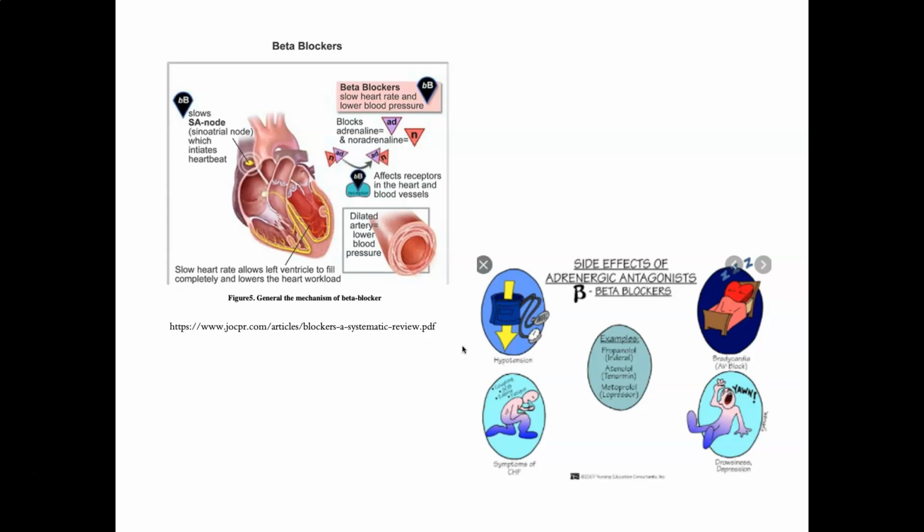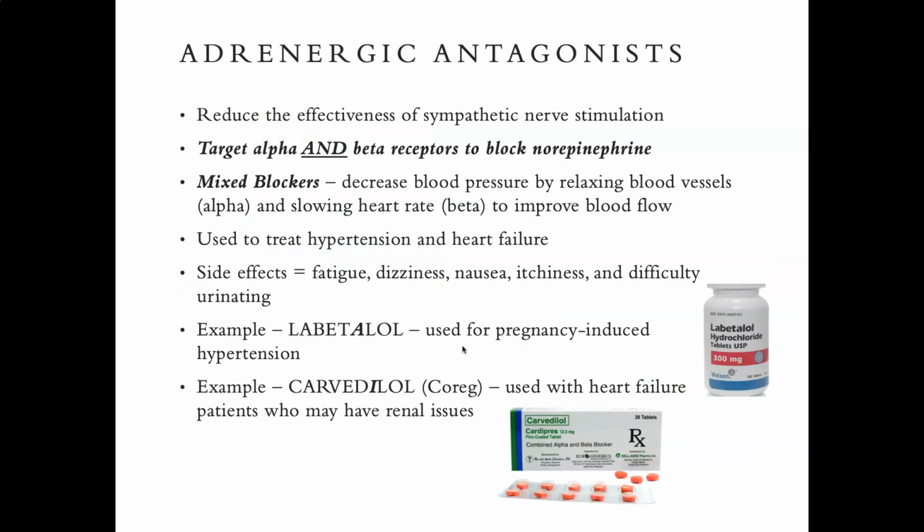You can have bradycardia, slow heart, or AV block. Can be very drowsy, can also experience depression. Propranolol is one that I gave you. They give you a couple of other ones. You may have heard of Lopressor. That's metoprolol, and that's a beta blocker as well.